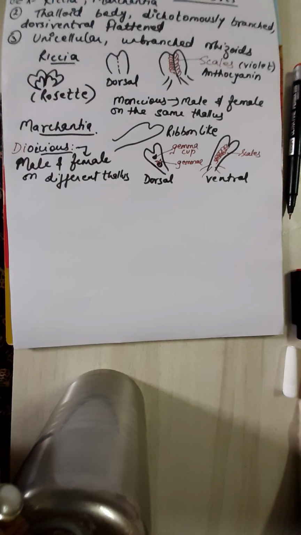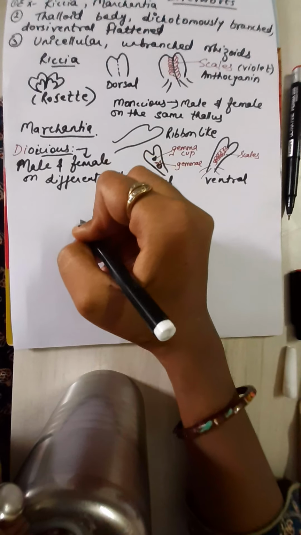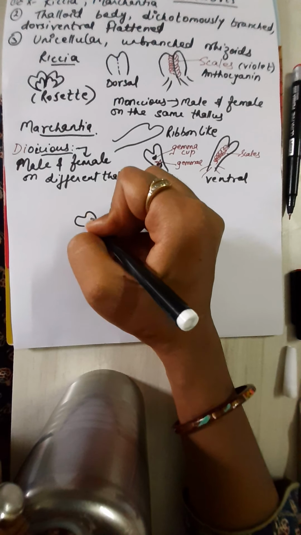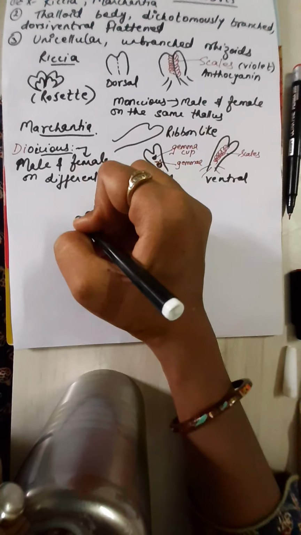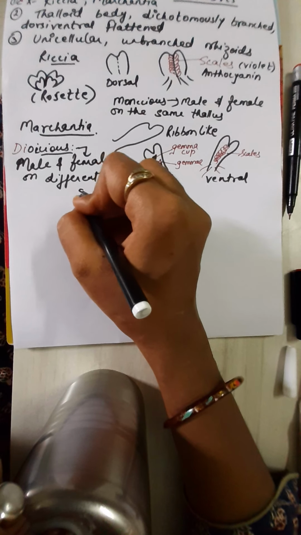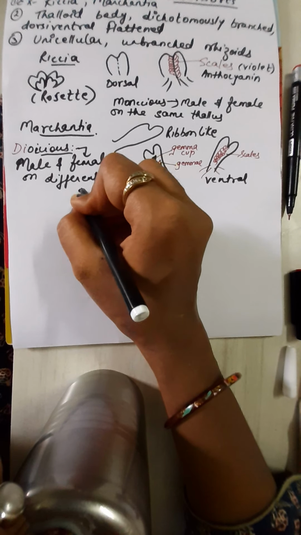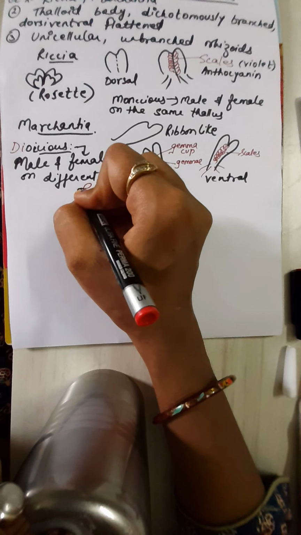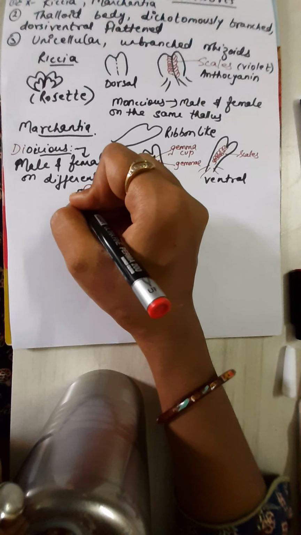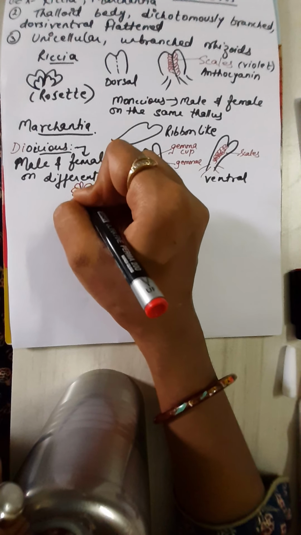So how do the actual diagrams look? Here it is a central disc, this is of Marchantia, and there are 9 lobes radiating, 1 2 3 4 5 6.